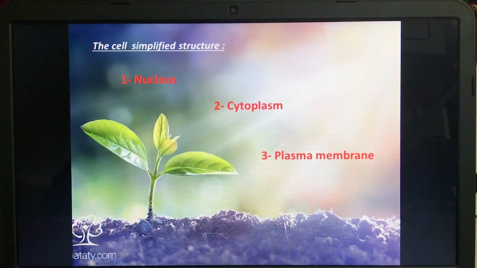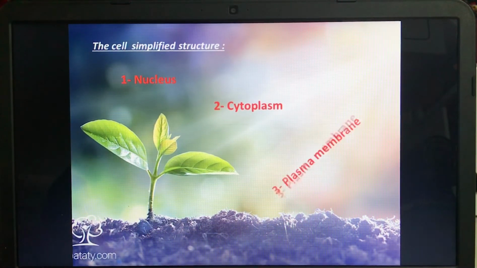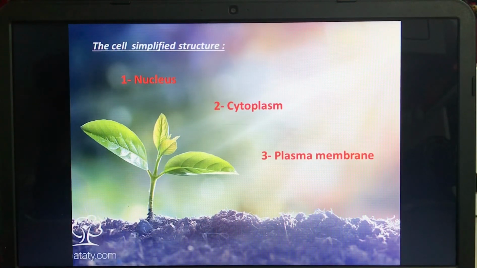The first one is called nucleus. The second one is called cytoplasm. And the third one is called plasma membrane. These 3 things must exist in any cell.